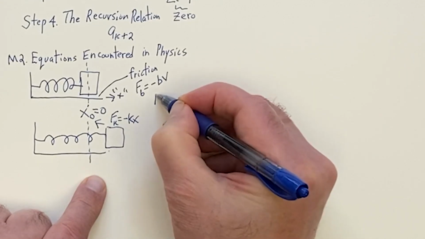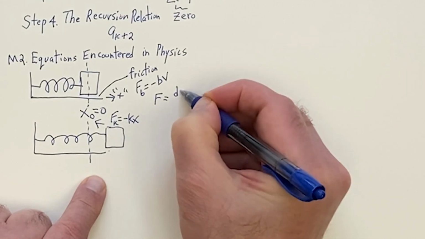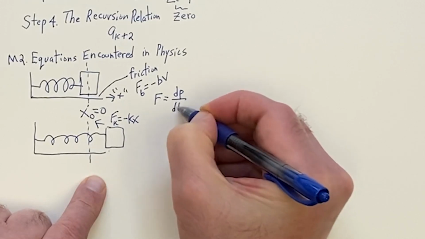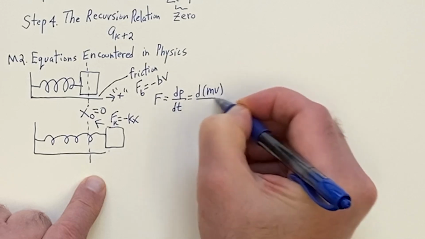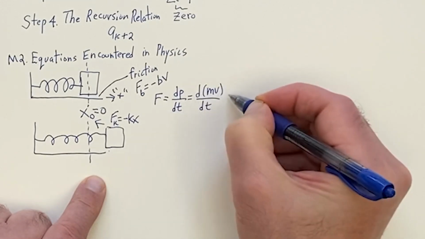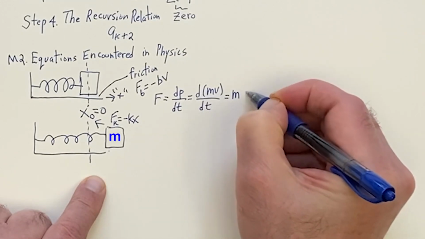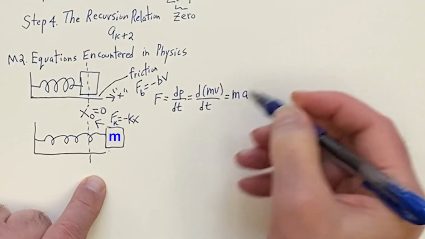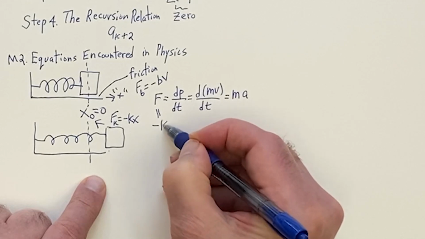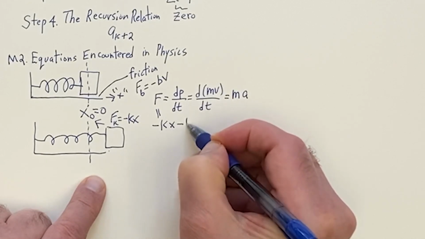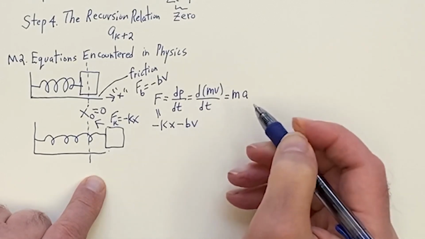Then when you look at Newton's law, change in momentum with respect to time, and in many cases the mass doesn't change, so we just write down F equals ma. Then the force that's acting on this would be the minus kx and the minus bv.